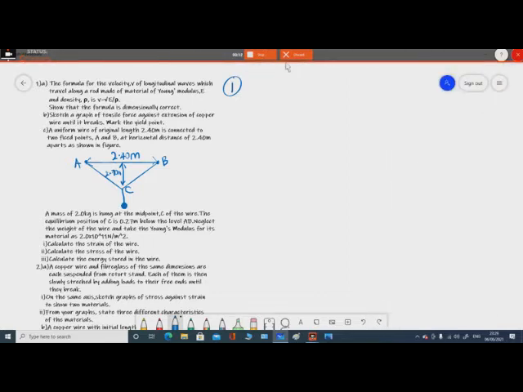First of all, we need to know that Young modulus is equal to stress over strain, so it's actually equal to F over A times L naught over E, since strain is equal to extension over the original length.